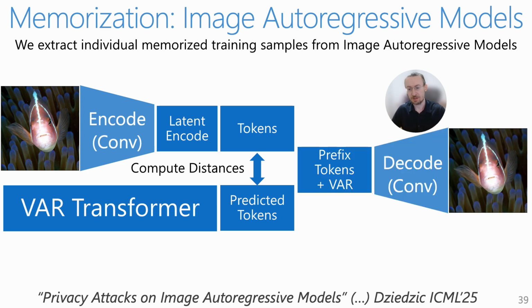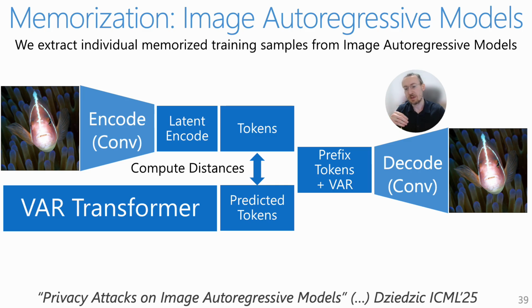We identify then images that potentially might have been used for training by identifying these images that actually have the smallest distances. And the next step is to now take the given image with its prefix and then fully generate the next tokens until the last resolution, for a very, very small prefix of tokens.